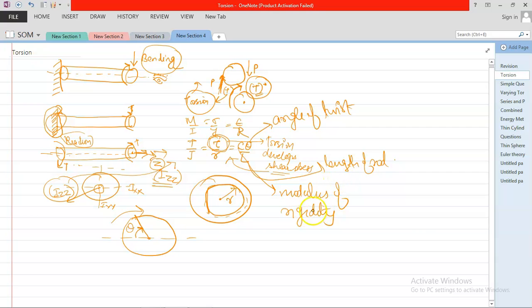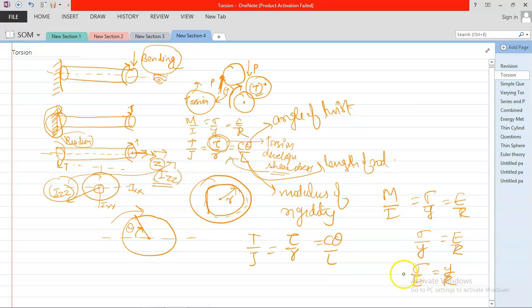So just like we did in bending stress, write it like this: sigma by J is equal to tau by R is equal to C theta by L. Now in bending stress, what is the strain? Sigma by Y is equal to E by R, so sigma by E is equal to Y by R, and you know sigma by E is equal to strain from Hooke's law.